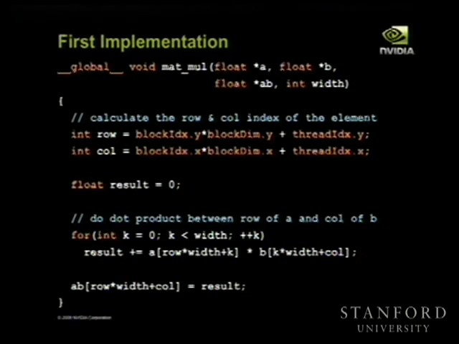We do a multiply and an increment to that result variable to implement this dot product. And the indexing happens into A and B according to the row and the column and the size of the matrix. And then finally, at the end of the day, we're going to write out the result to the AB matrix. So it's pretty compact code, very simple and straightforward.